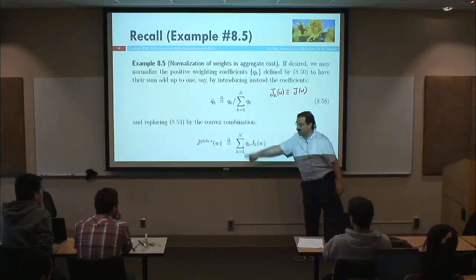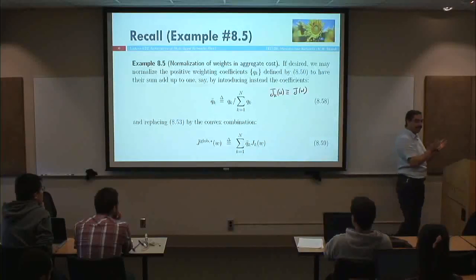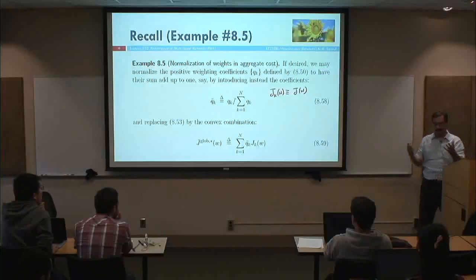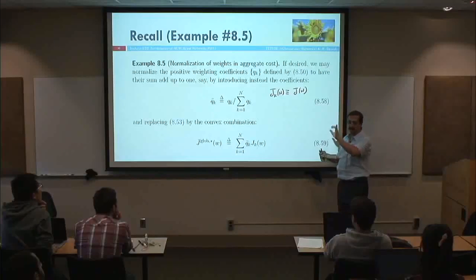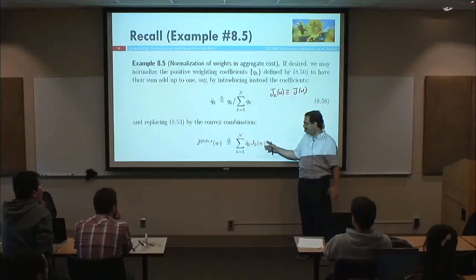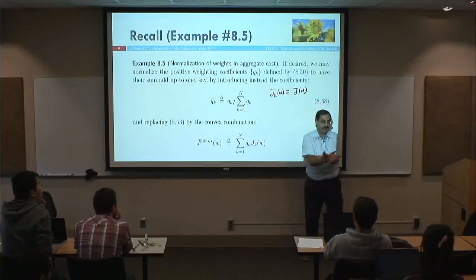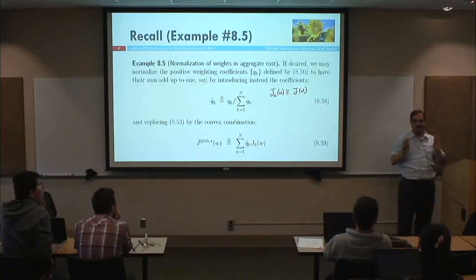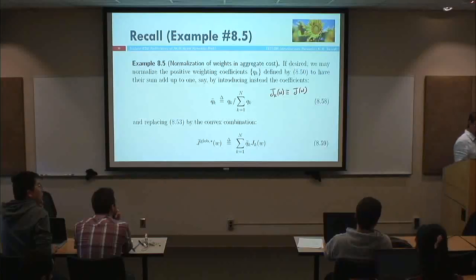What would be the global cost that the network is minimizing? It would be J. What would it be had I not normalized? It would be that J times the sum of Q's, correct? Of course, they both have the same minimum.